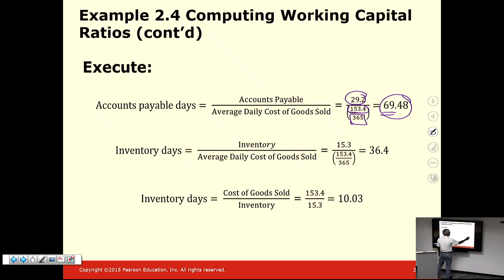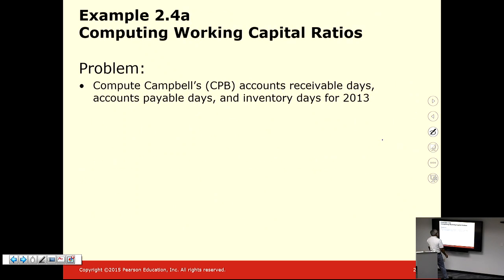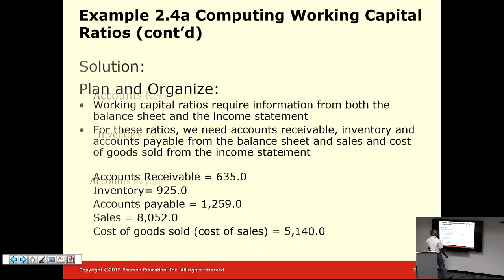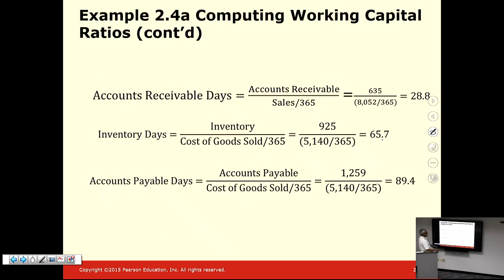On average it takes about 37 days or 36 days to convert inventory into sales. So you can, similarly over here, accounts receivable days, it takes about 29 days to recover your accounts receivable, and it takes about 65 days for the inventory to be converted into sales.